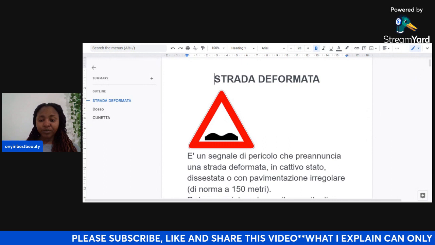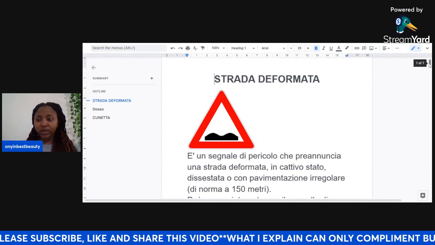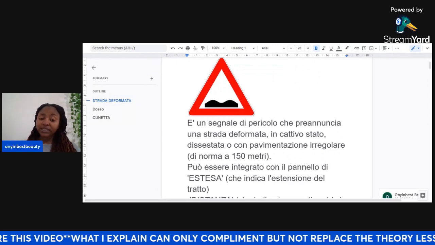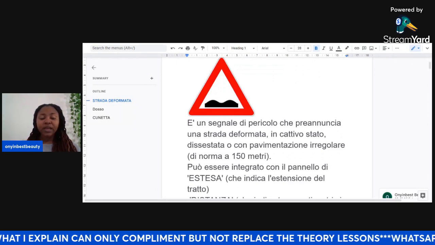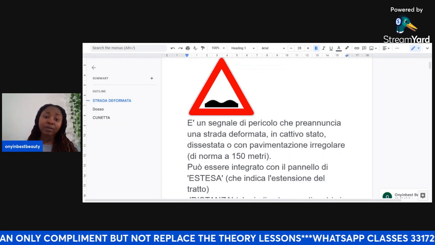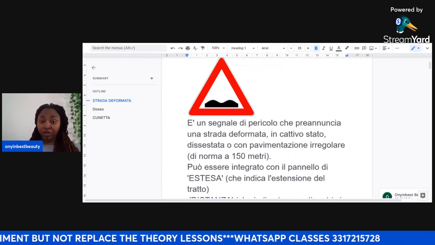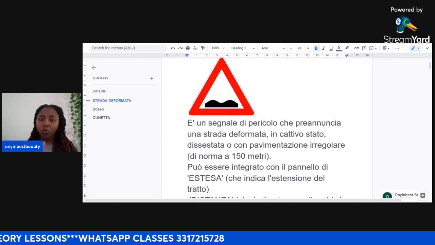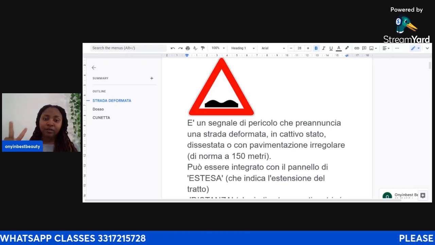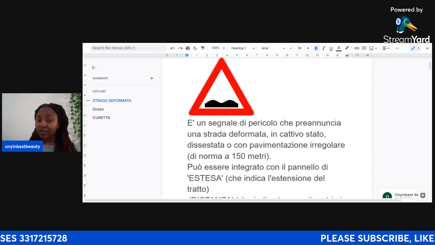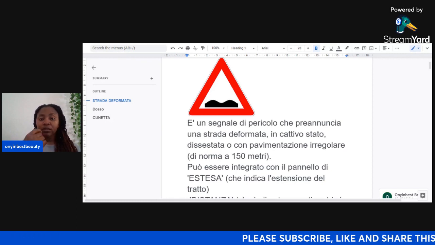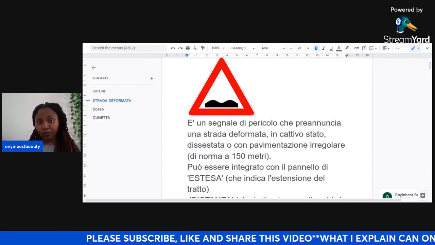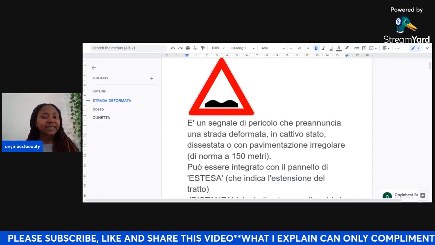È un segnale di pericolo che preannuncia una strada deformata. Now this is telling you of a danger, a warning sign of a strada deformata. This particular one has about 4 different names. Remember the names. 1, strada deformata. 2, strada in cattivo stato. 3, strada dissestata.